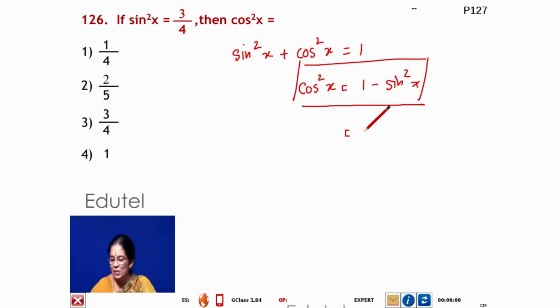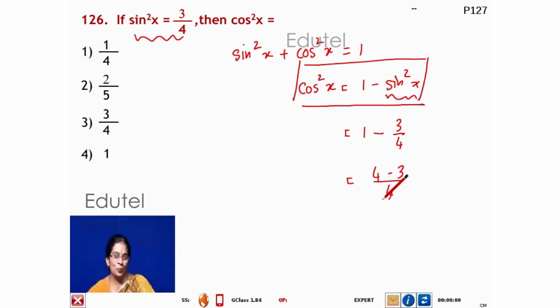So you can use this formula whenever you want to find cos square x. So cos square x will be 1 minus sine square x, which is given as 3 by 4. Now you have to take 1 minus 3 by 4. That is 4 minus 3 by 4, or it is 1 by 4.